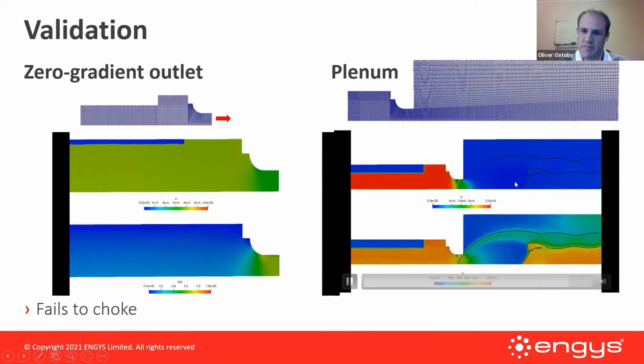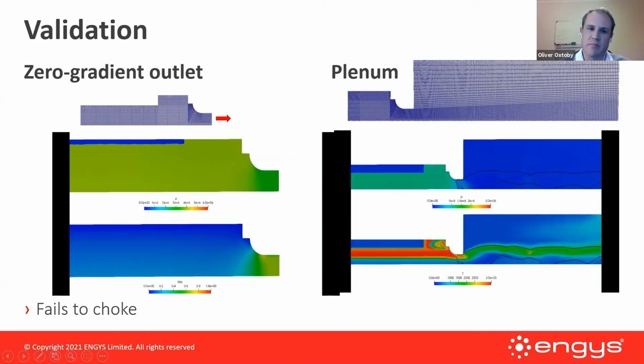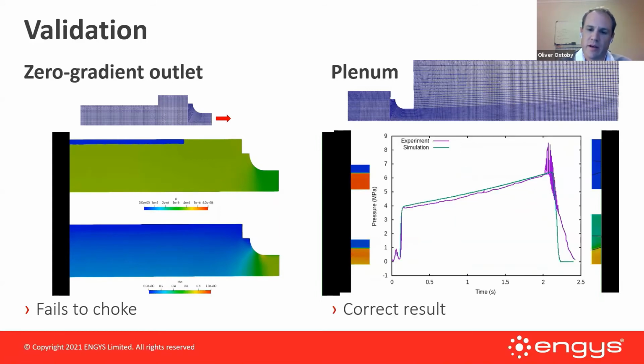So we have all this interesting behavior here in the plenum, but of course, as soon as the flow has tripped to supersonic in the throat, none of that actually has any effect upstream. So it's rather interesting and surprising that the 0 gradient boundary condition has such an effect on the simulation.